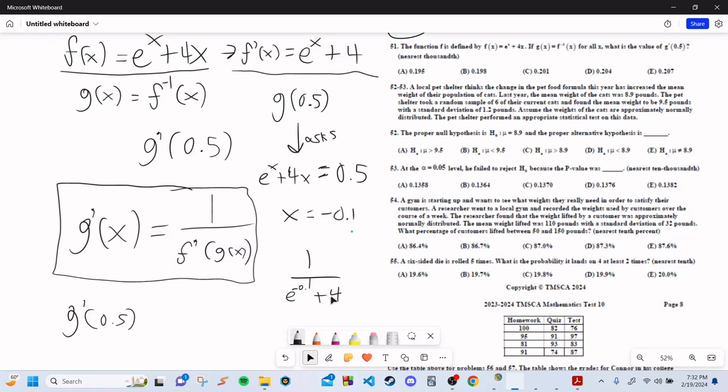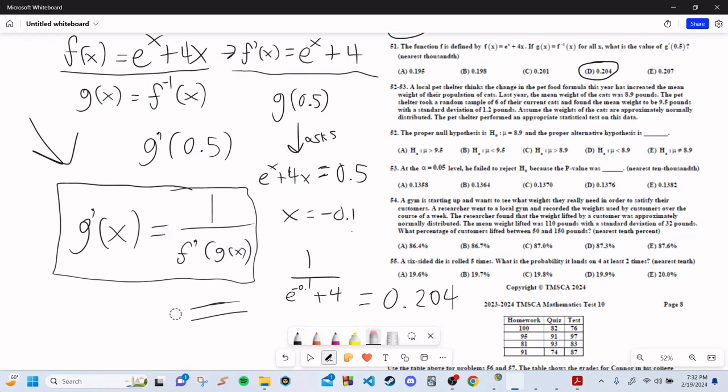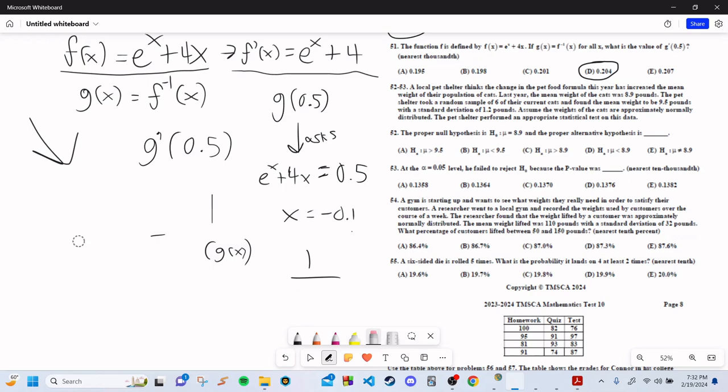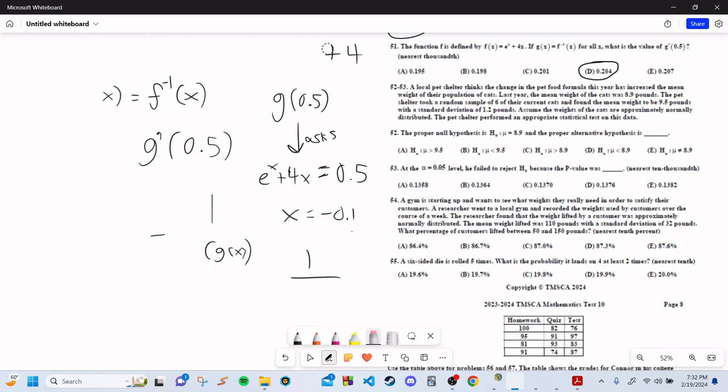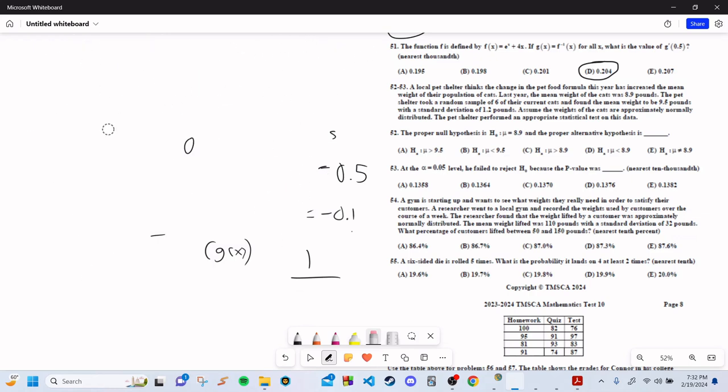And that should give me my answer. So g prime is equal to 0.204. And so that will be answer choice D. So make sure that you know this formula for getting the derivative of the inverse function at a point. And so that's all of the calculus questions complete.